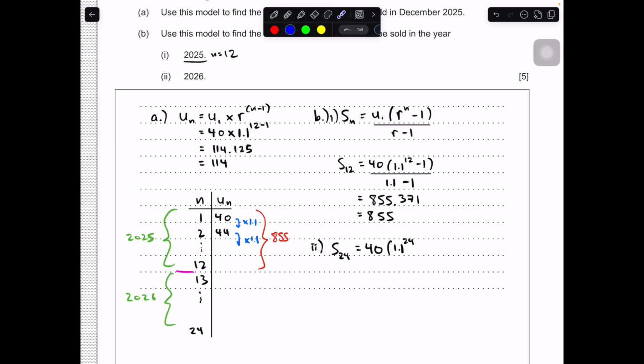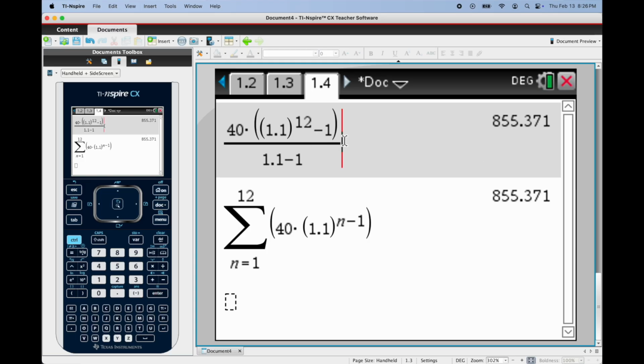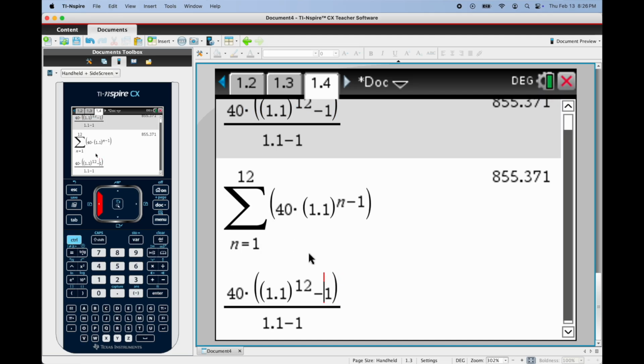Both of these N's are the same, N and N. Minus 1 over, and R is again 1.1, minus 1. Okay, good. Let's go ahead and go back to the calculator. I'm actually going to copy this and use it again. And I'm just going to change this value to 24. Because that's all we're doing, really.